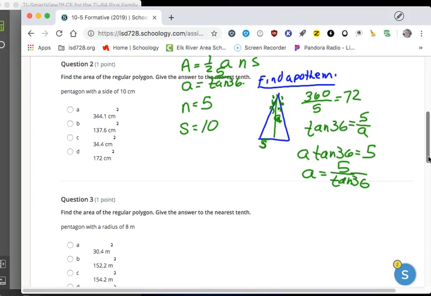So now I just place it in my formula. Area is equal to 1/2. My apothem is 5 over tangent of 36. Number of sides was 5. Side length is 10. So these are my numbers I'm going to place in my calculator.